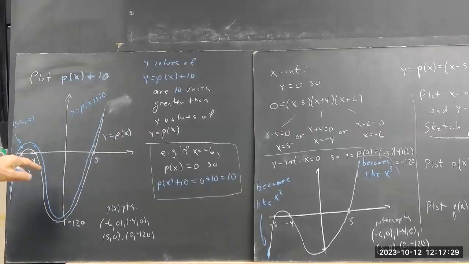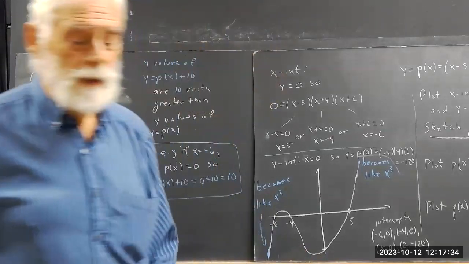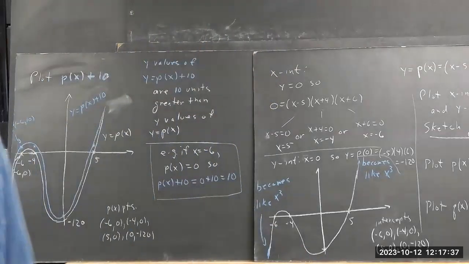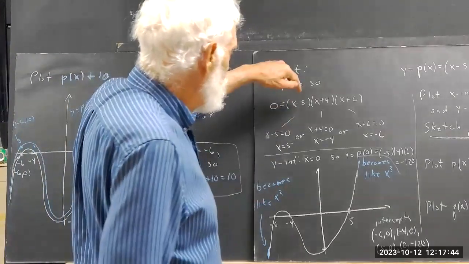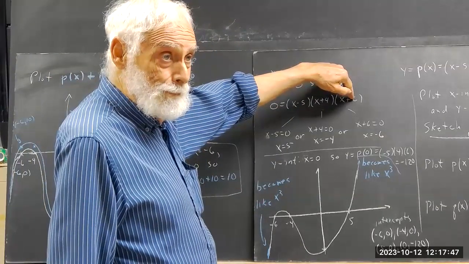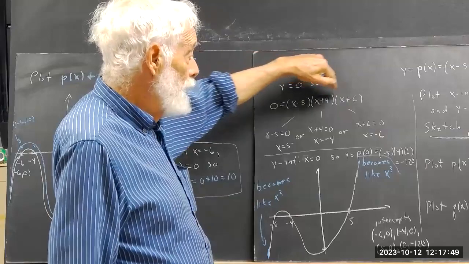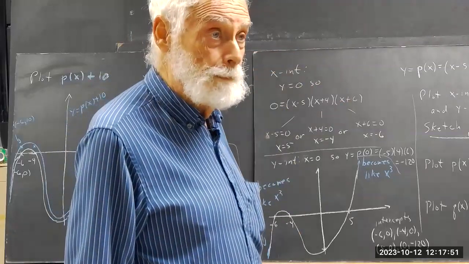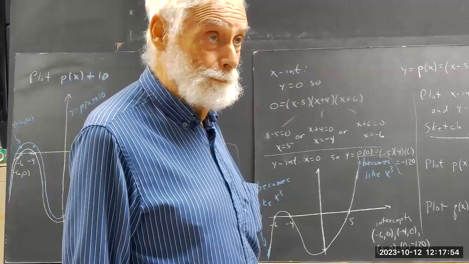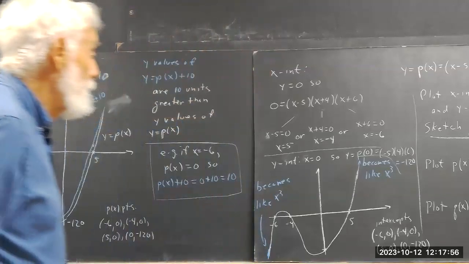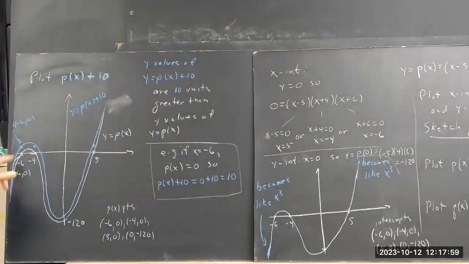Now, we don't have zeros at the same point we did before. And we're going to have a lot of trouble finding those zeros using algebra, because p of x plus 10 is not going to factor as neatly as p of x did. Well, later in the chapter, we'll get some idea of how we might factor p of x plus 10, but we're probably not going to be able to. Still, this illustrates what? This is a vertical shift, isn't it?